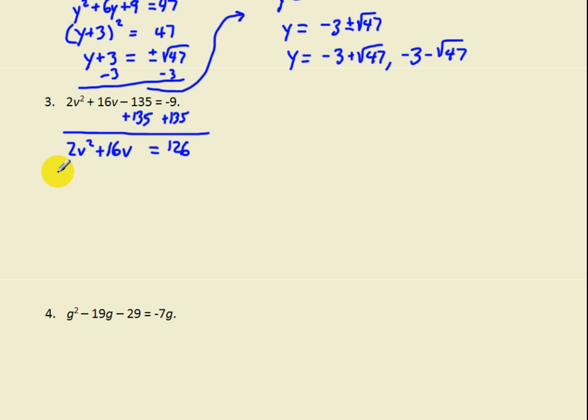So I'm going to go ahead and do that and say that 2v squared plus 8v is equal to 126, or in other words, we can divide by 2. So the 2's cancel, and we get v squared plus 8v equals 63.